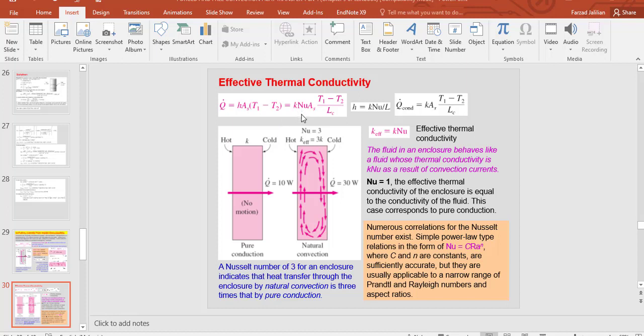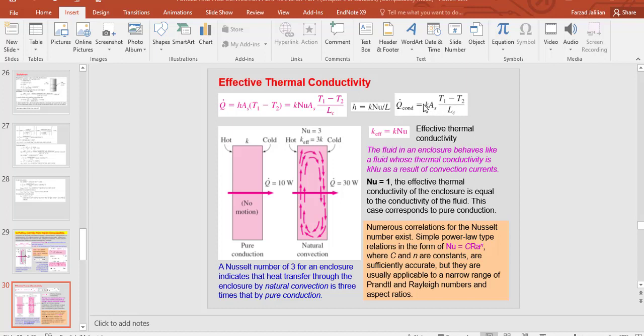You know that it is equal to k Nusselt number divided by characteristic length. If you remember from the previous session, h is equal to k, the thermal conductivity, times Nusselt number divided by L_c, the characteristic length, as you can see here. So we should know the Nusselt number.